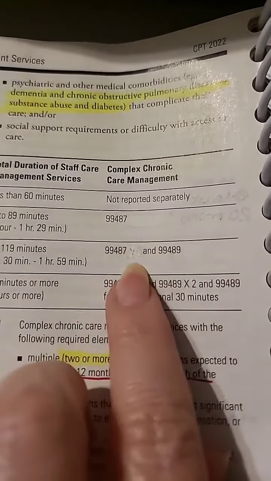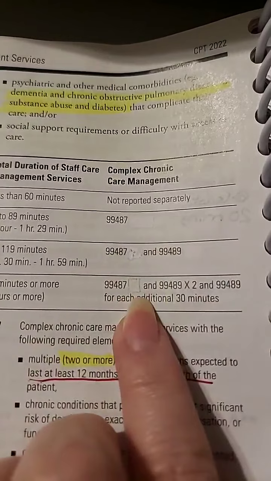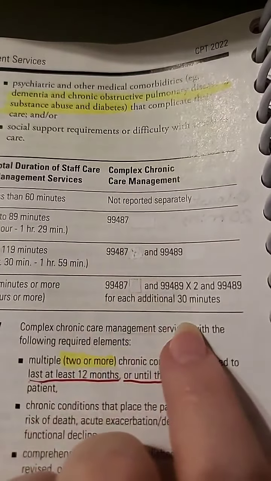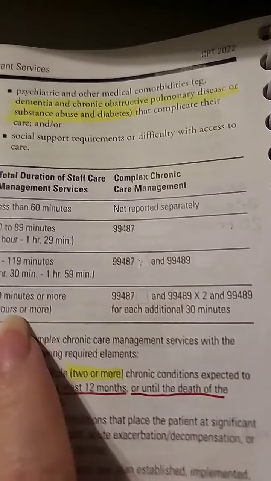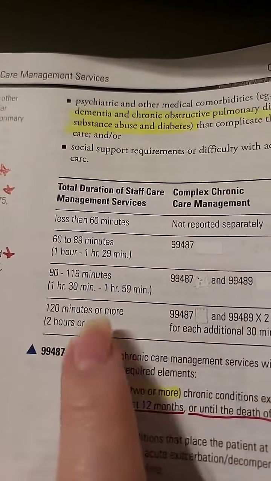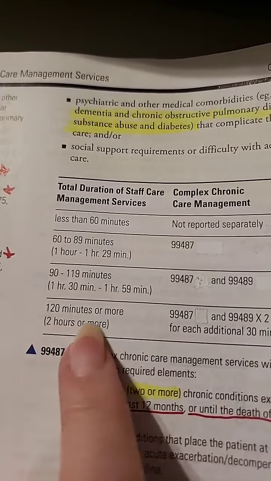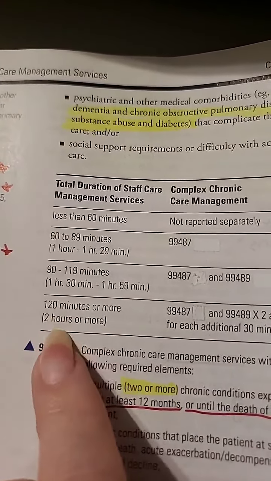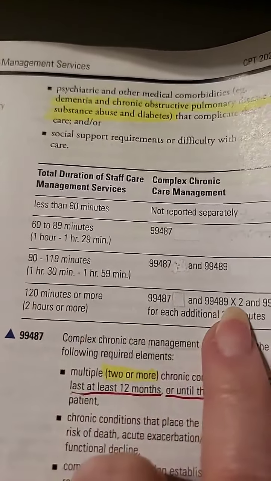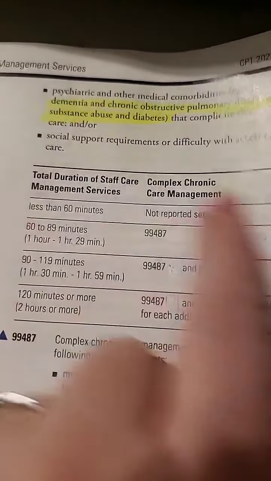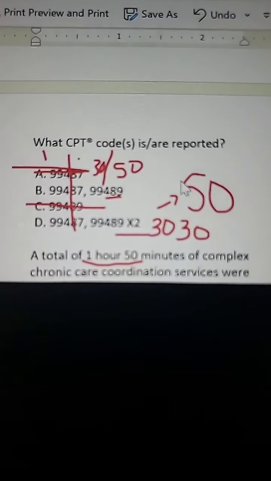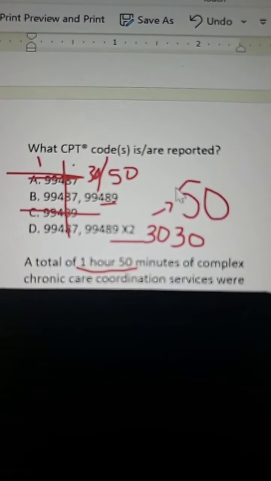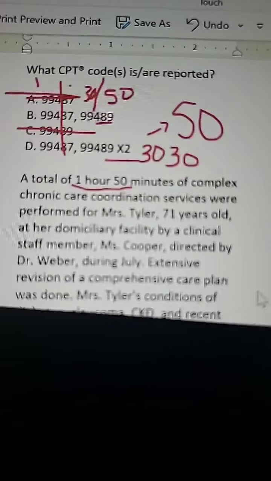I got rid of the times ones on mine because they're confusing. You don't code them that way. Even the answers on the AAPC don't say times 1, so I get rid of those. For it to be 2 hours, you need to have 120 minutes or 2 hours to be able to do the times 2. So always use these charts when they're offered. And it's a time question. So B is your answer.